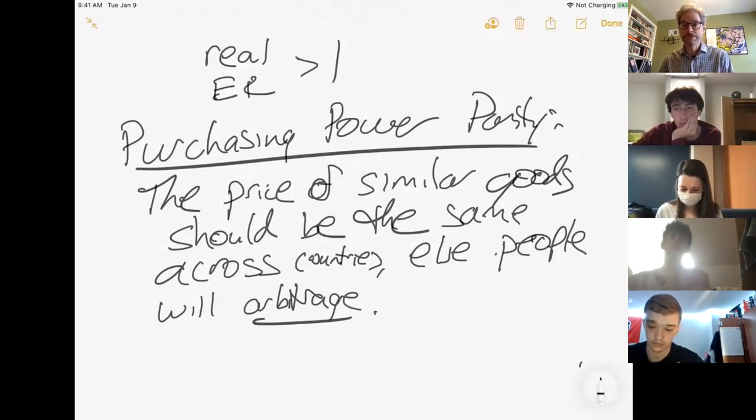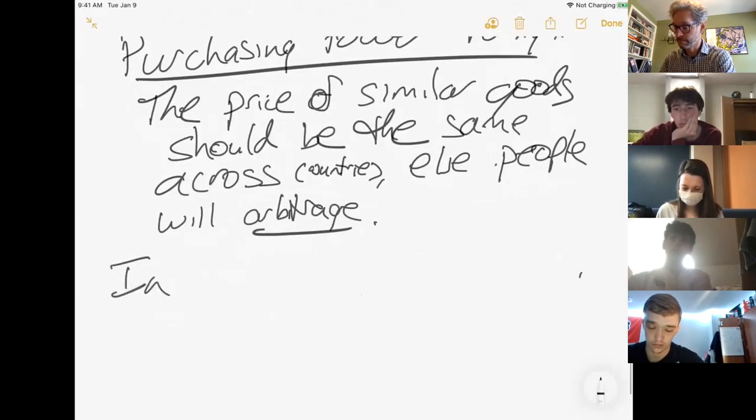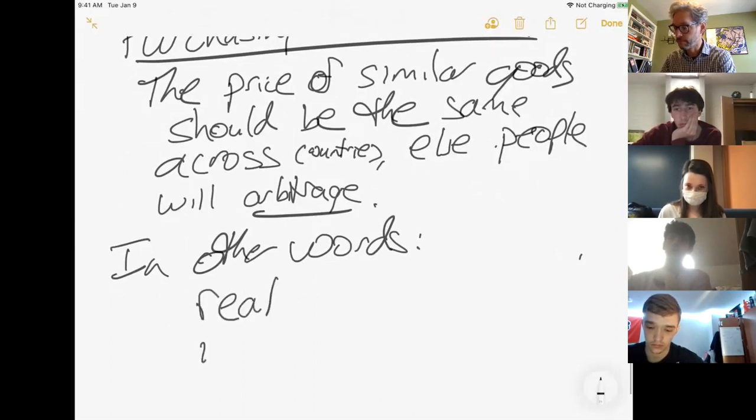So the idea behind purchasing power parity is that in the long run, prices between countries should be pretty much the same. In other words, what should be true about real exchange rates? The real exchange rate should be 1 in the long run.